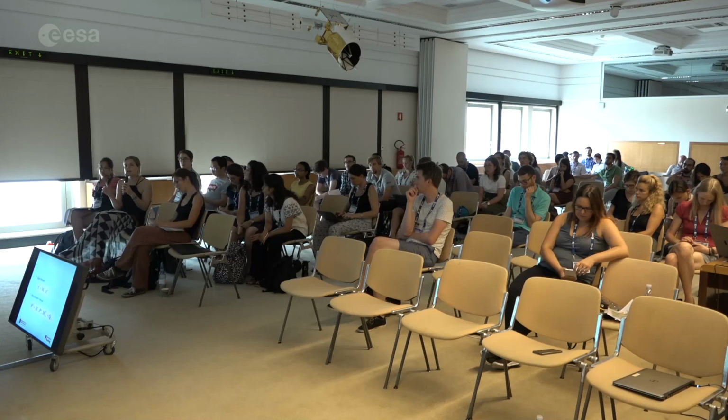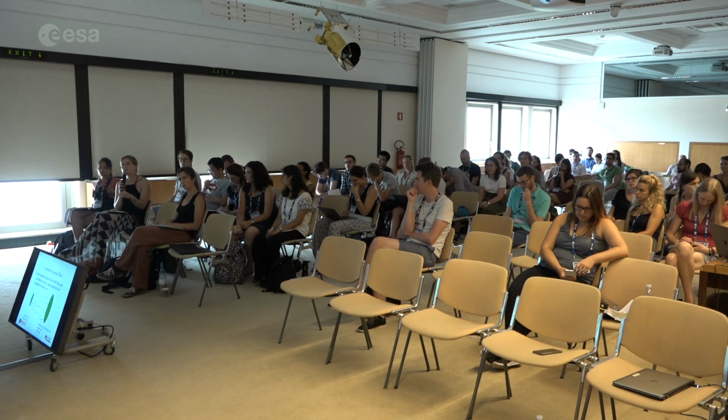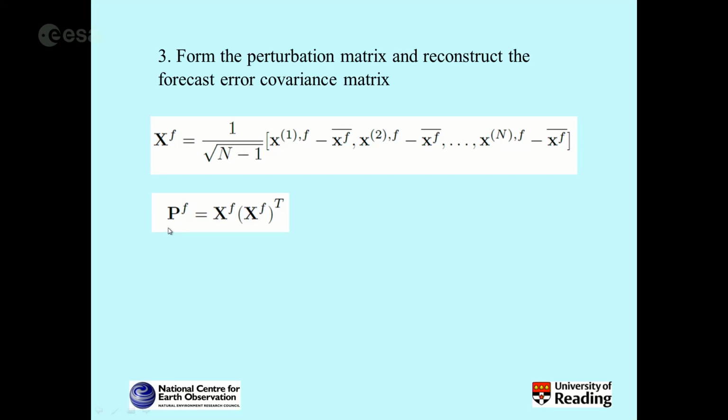And how would you then select the ensembles? I imagine it's quite a difficult process, but how do you go about selecting the ensembles for the Ensemble Kalman filter? Well, you're assuming that you have some initial P_f. So you assume that you've got some initial uncertainty.